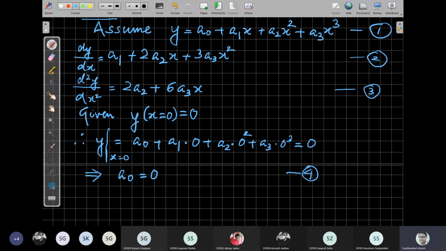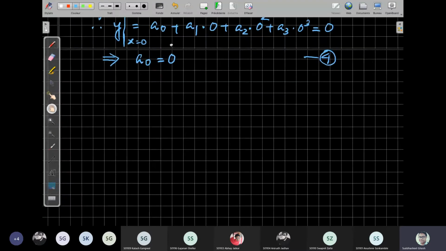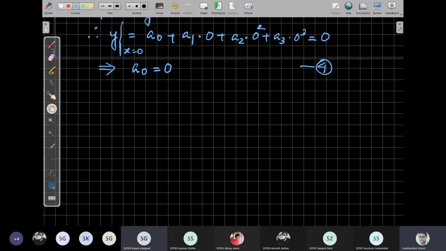Is it okay? Am I doing it right so far? Yes, sir. Is whatever I am doing clear so far? Yes, sir. Okay, so now the next step is it is also given that y at x equal to 1 is what? A0 plus A1 into 1 plus A2 into 1 square plus A3 into 1 cube will be equal to what?